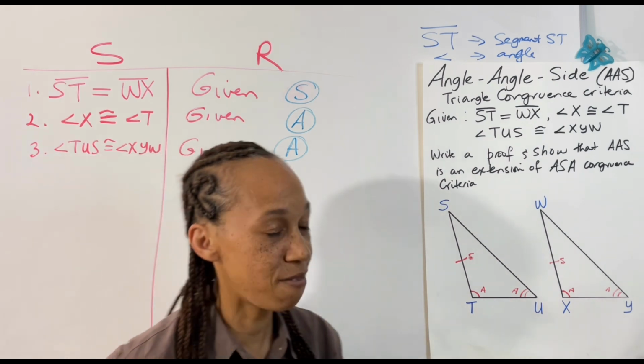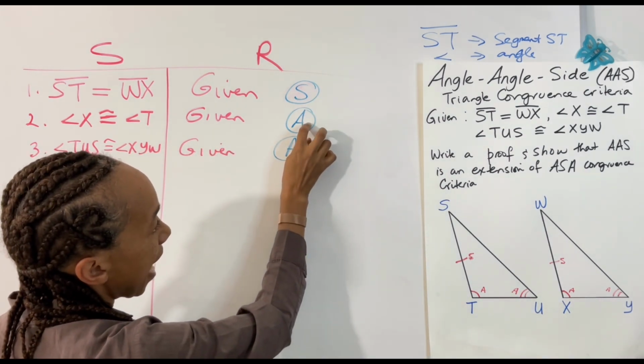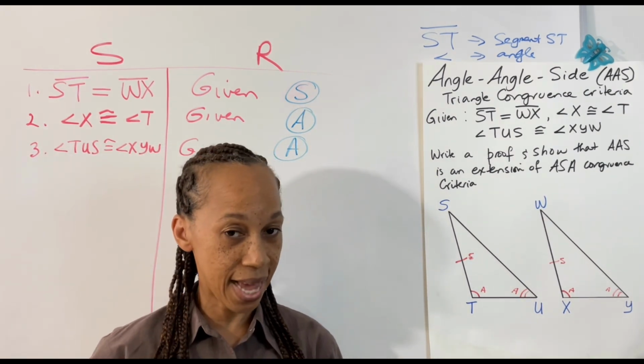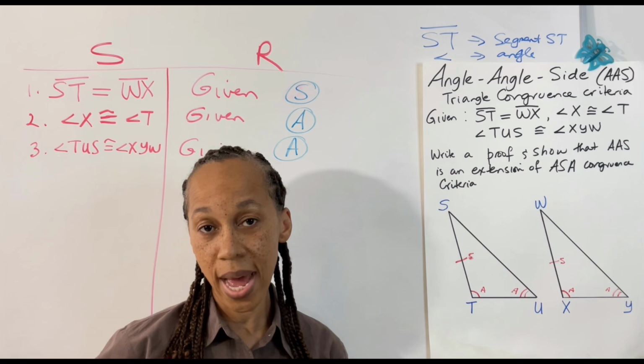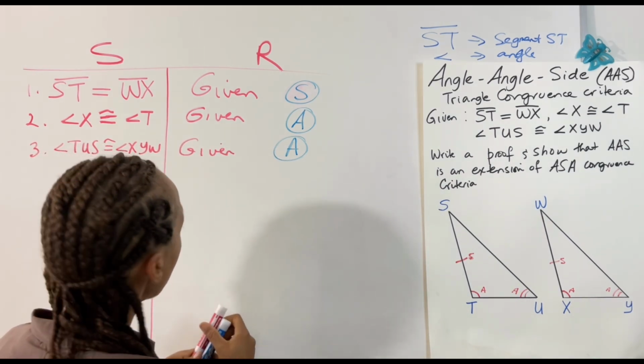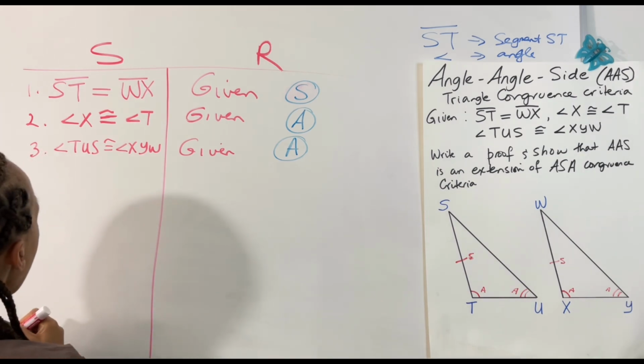Okay, so now we have that, right? And we have AAS. Now, because we have AAS, we can also go ahead and write that these 2 triangles are congruent by AAS.